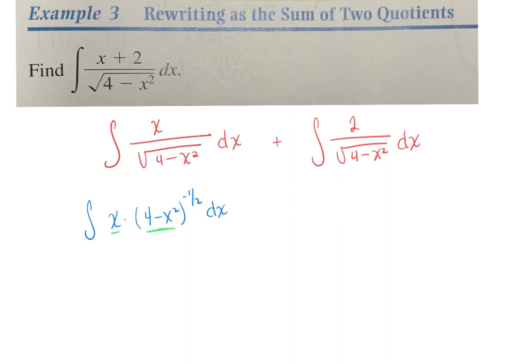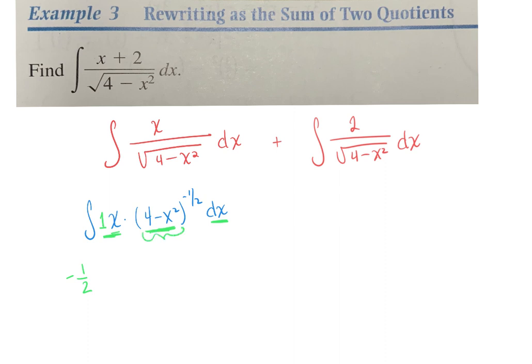I have to divide it out. So I need to multiply by negative 1/2. Negative 1/2 and negative 2 will cancel out to the 1 that I need, because I just have a 1 in front of this, right? So if I do u substitution here, my derivative would be negative 2x, but I need it to be positive 1. How do I turn a negative 2 into a positive 1? I multiply by negative 1/2, right? So negative 1/2 will take care of this and this, right?